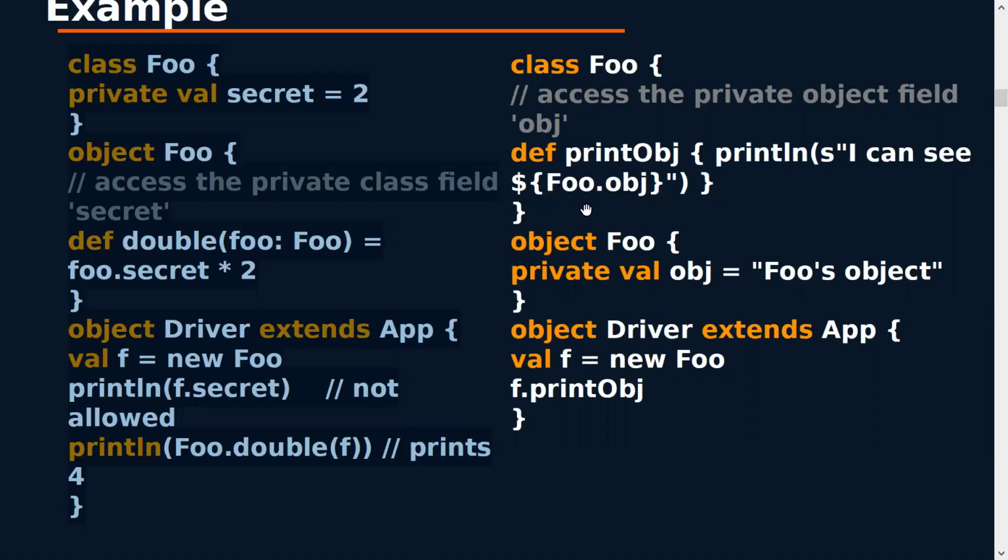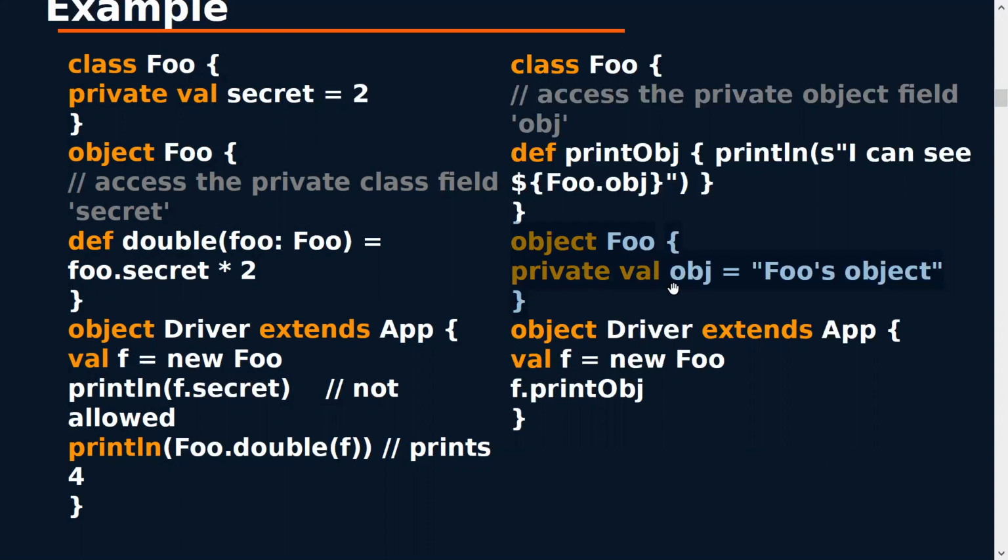So this Foo is a singleton object name, and obj is a private val. Ideally, this should not be accessible outside of this block. Since this is a companion, you are able to access Foo.obj in the class Foo as well. But if you try to access the same Foo.obj here, you'll not be able to.